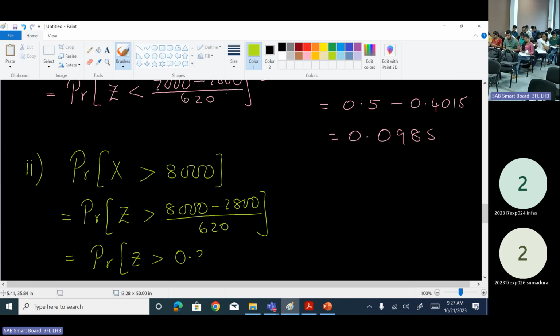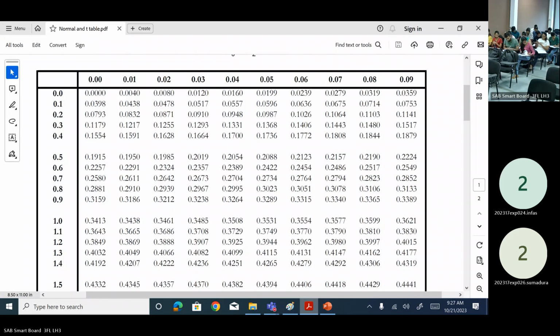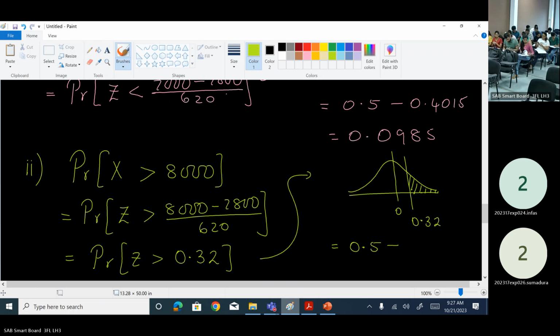Again, you may be getting a lengthy answer, so we properly round to 2 decimal places. After that, 0, greater than this area wanted. 0.5 minus the table value for 0.32, you refer 0.1255, so the answer is 0.3745.